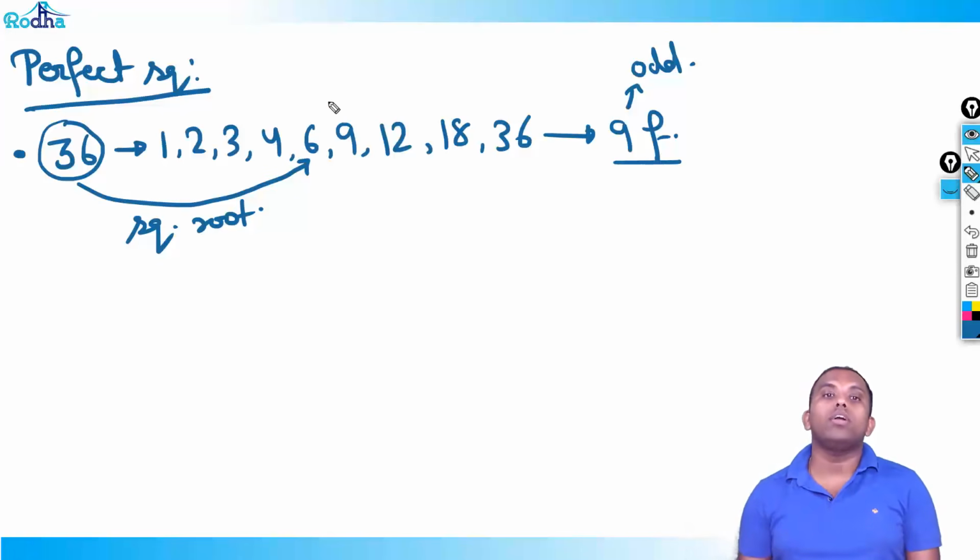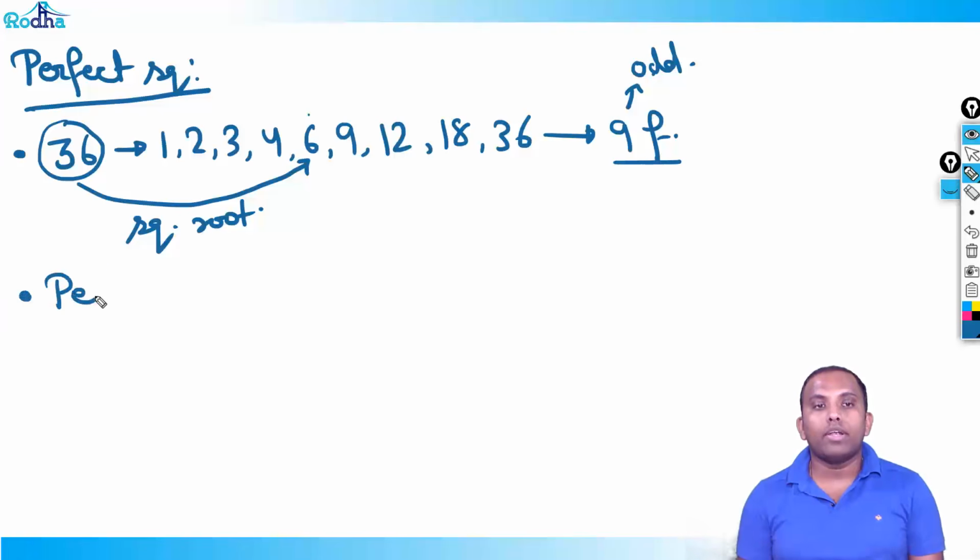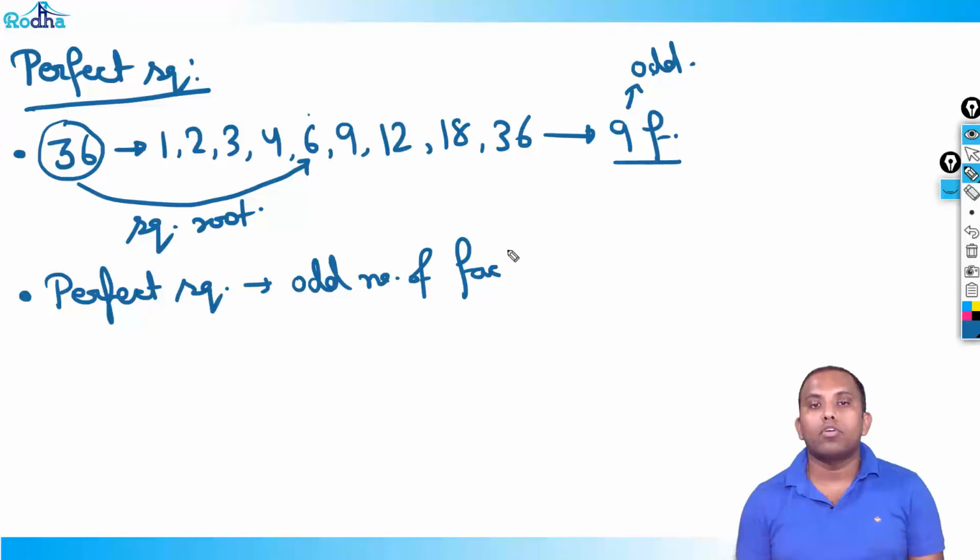Only in the case of a perfect square is the square root an integer. That's why an extra factor adds here, and even number of factors plus 1 becomes an odd number of factors. So the point to be noted here is that a perfect square always has an odd number of factors.